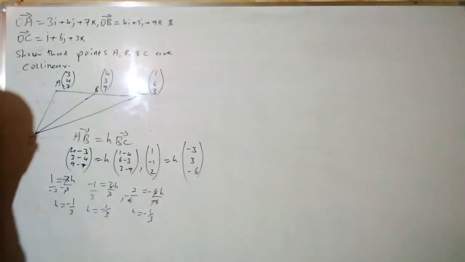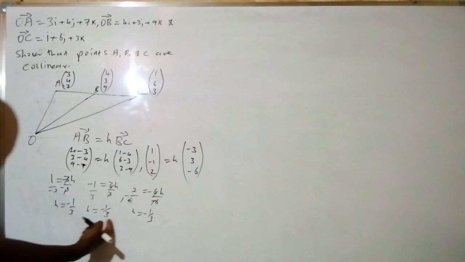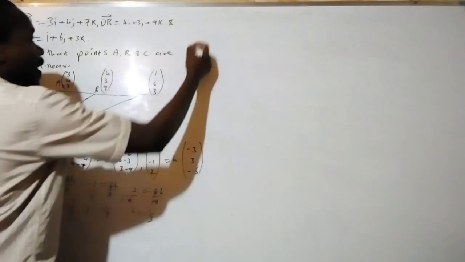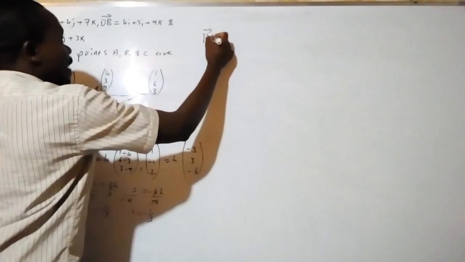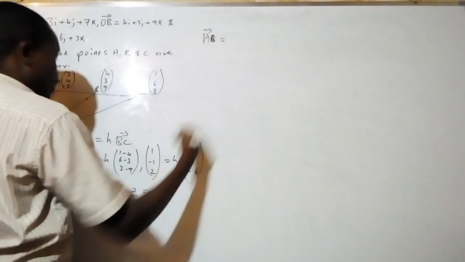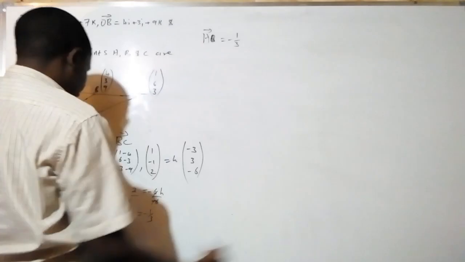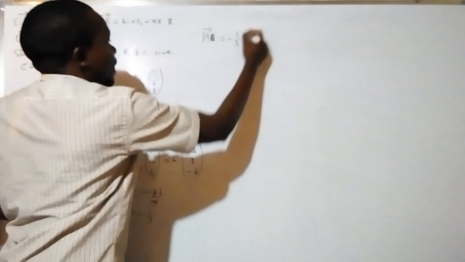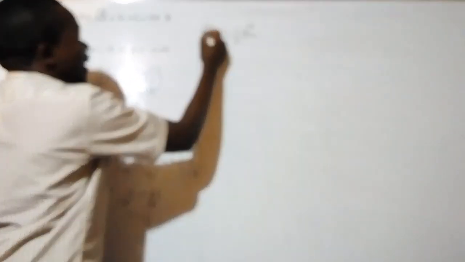So, having confirmed that, we can comfortably say that vector AB is equal to negative 1 over 3 BC. This shows that they are collinear.